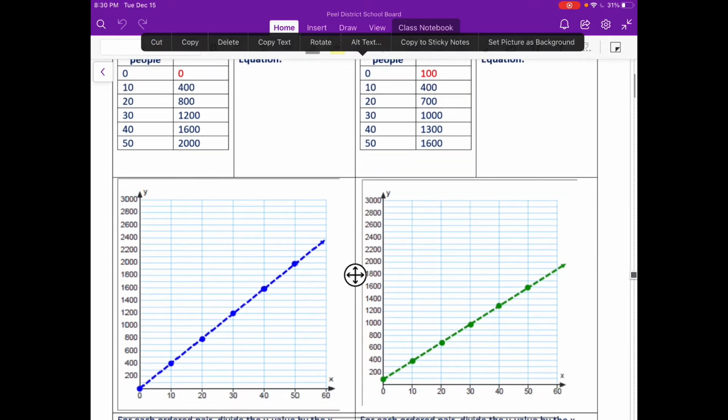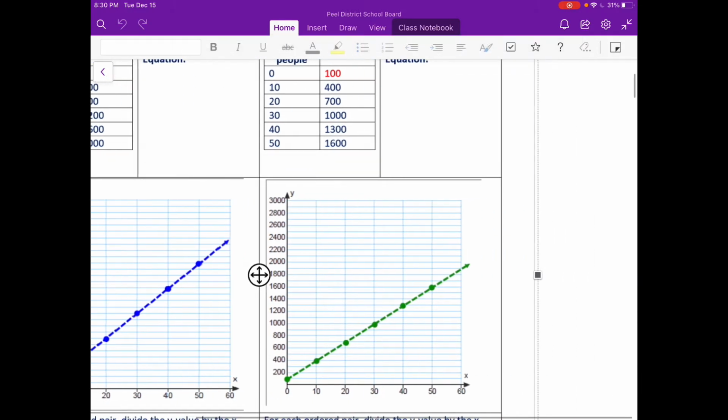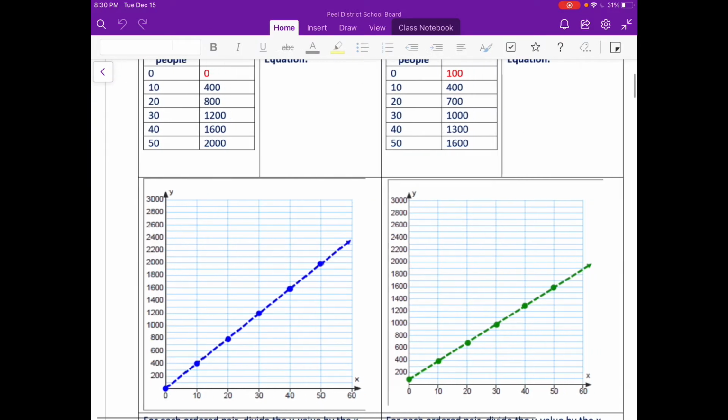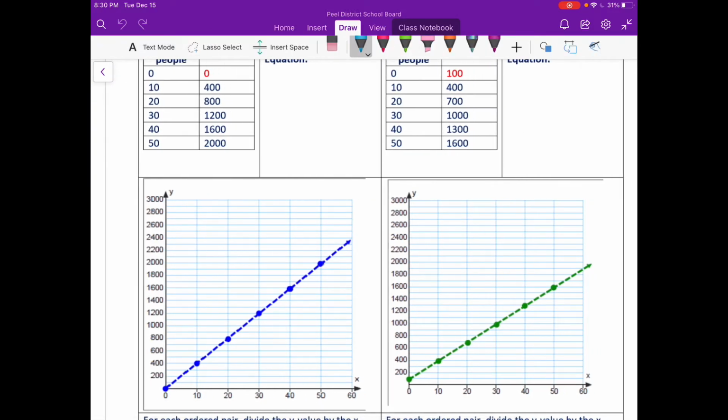So if you look at this variation right now, I'm just going to put this over. If you look at this graph, you'll notice that the rise over run is, if you go up, the rise is 0 to about 400, and the run is 10.